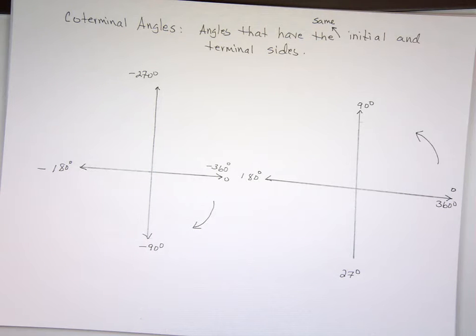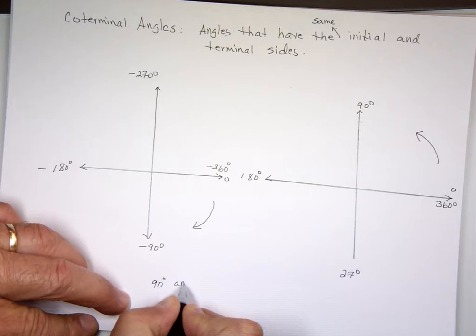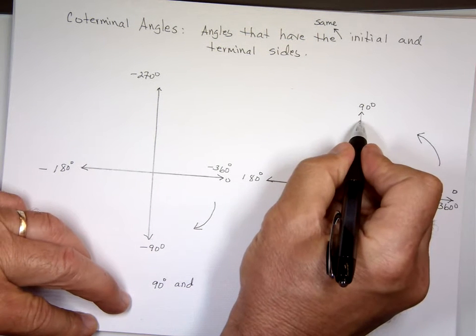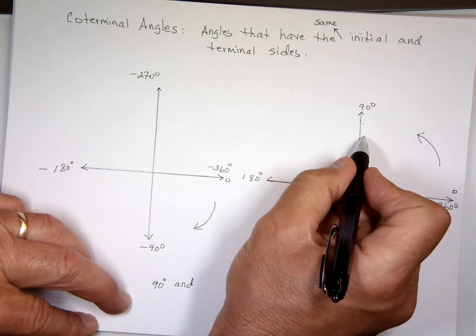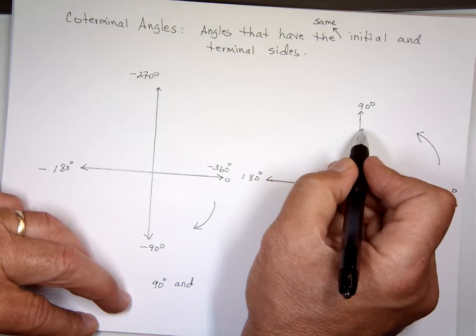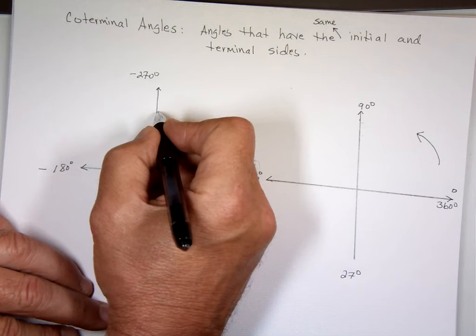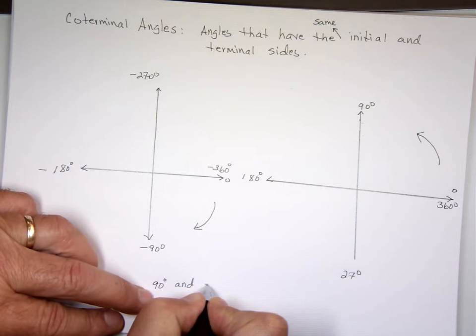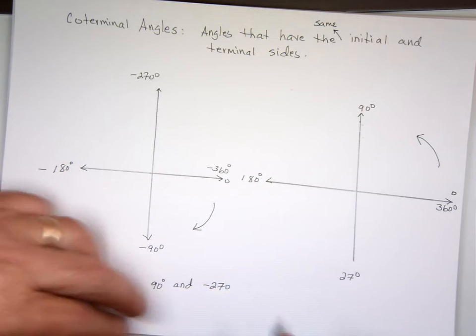So for example, what is the coterminal of 90 degrees? This is the 90 degree, that's this line, going this way. Give me another angle that has the same initial side and terminal side. That's this one going this way. That's the same as what? Negative 270 degrees. So 90 and negative 270 are coterminal.